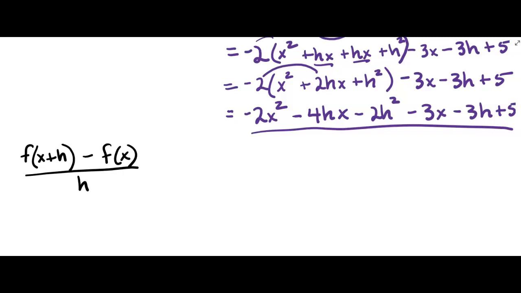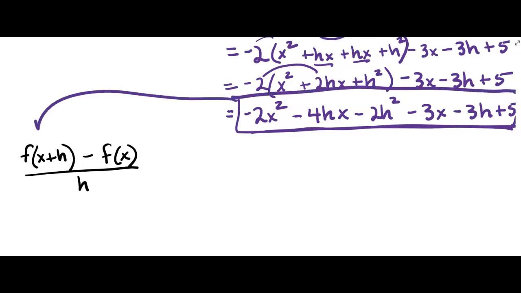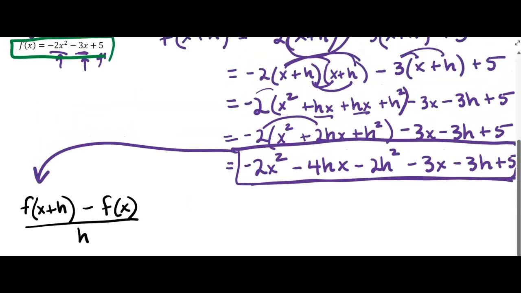Feel like this is kind of noisy. Okay, this part, all of that, it's very big, is going to go right there. Okay, and then the other part, this green box, is going to go right there. And then it's all going to be over h.